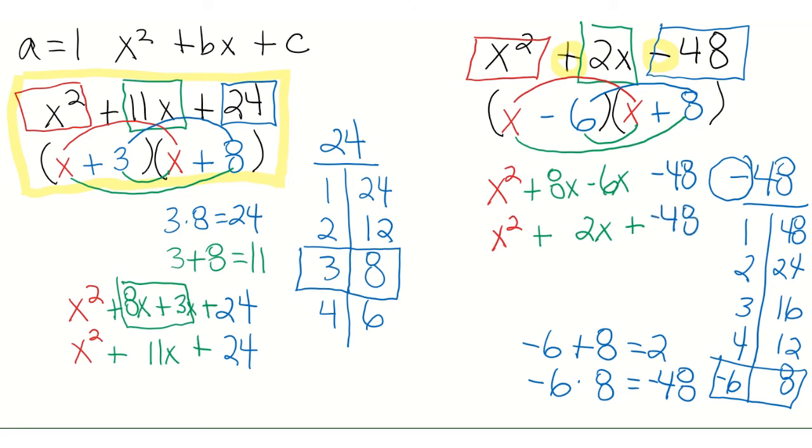So that means that for this problem, my answer, the factors are going to be a minus 6 and a positive 8. So it's going to be x minus 6 and x plus 8.